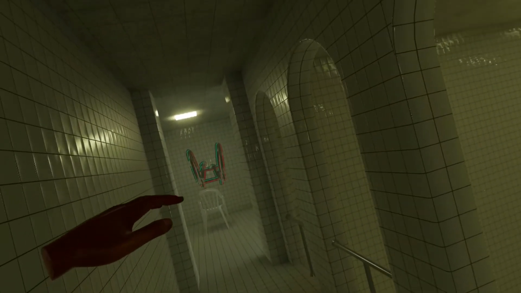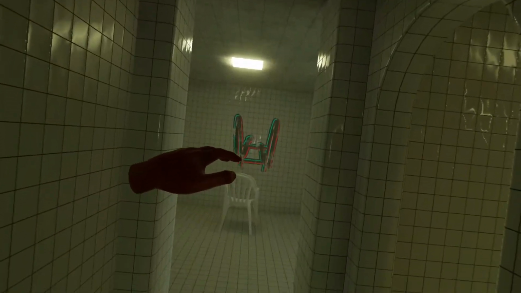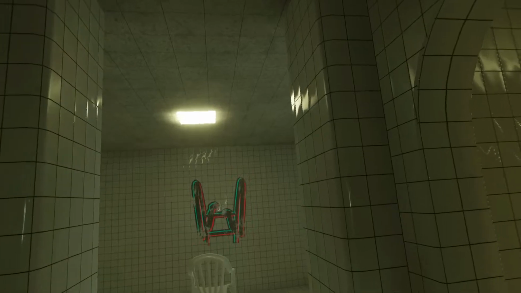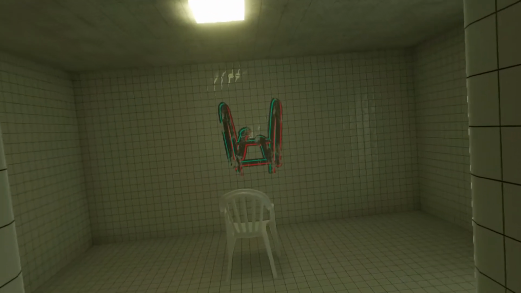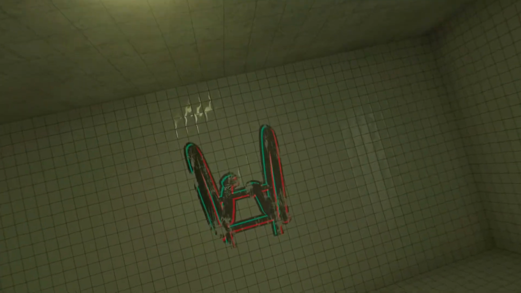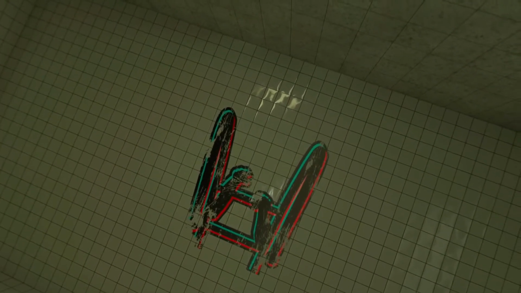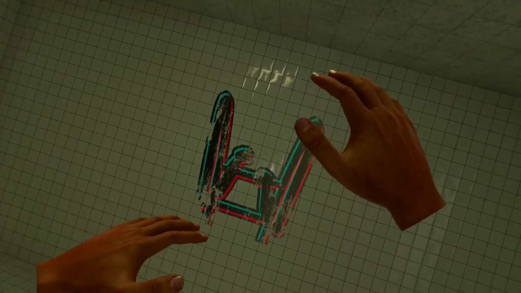As I was coming up the stairs, my visor went blurry, so I couldn't make out what that was, and then it came into focus and gave me a little bit of a fright. Interesting. Getting a ladder shape with the hands coming out.